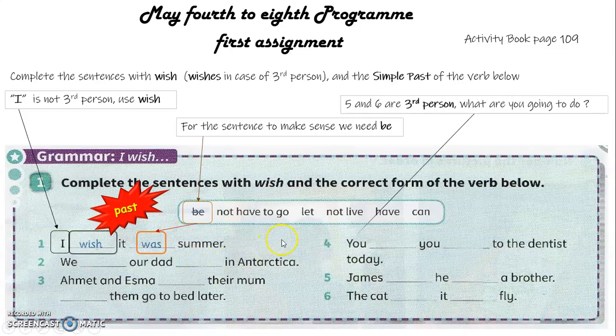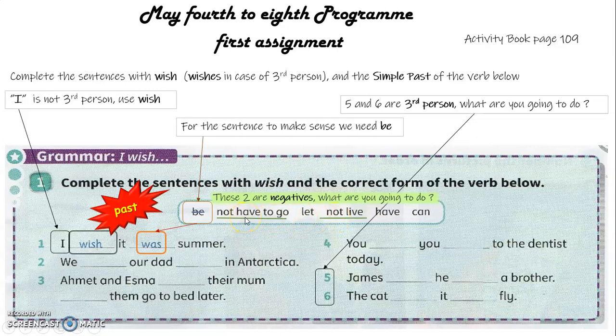Now pay attention to this. Exercises 5 and 6. In this case we have James as a subject and the cat. They are third person. So what are you going to do with the wish in the blanks? Right here. Now pay attention to these two options in the box.